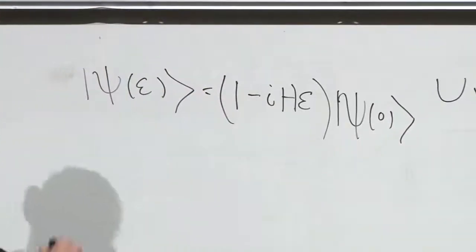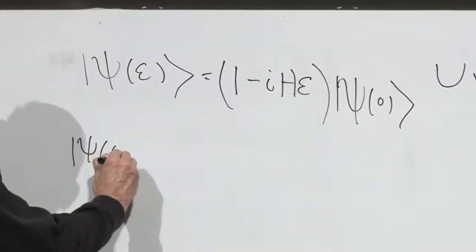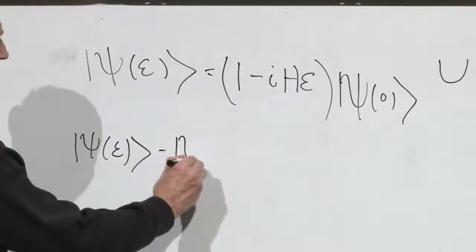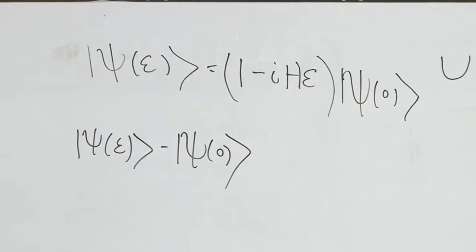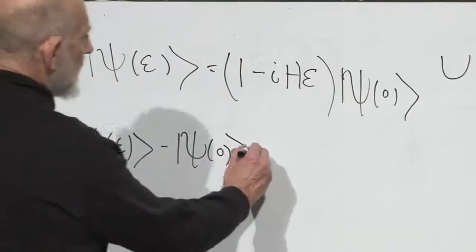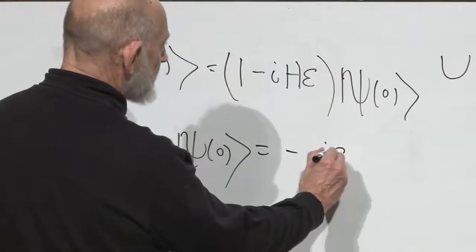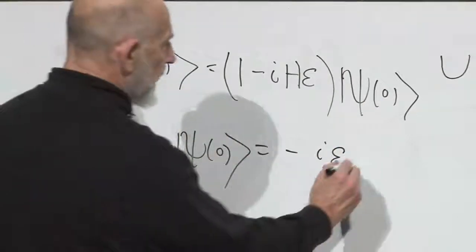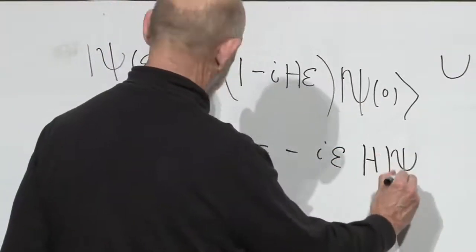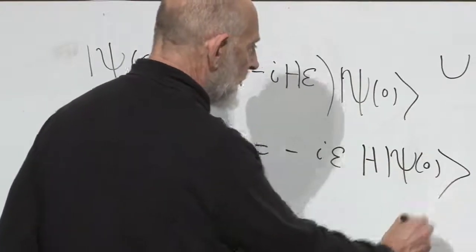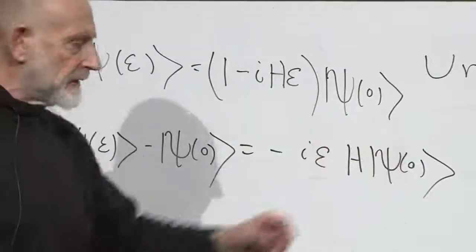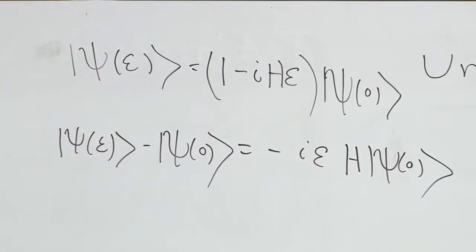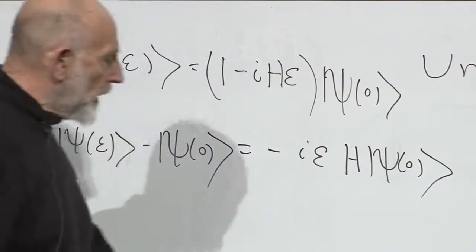Or another way to say it is that psi of epsilon minus psi of 0, this small incremental change in the state vector, is equal to minus i epsilon times the operation by H on psi. Now, as I said, this 0 here doesn't have to be 0. It could be any time as long as epsilon is epsilon units after the starting time. Okay, let's divide this equation by epsilon.